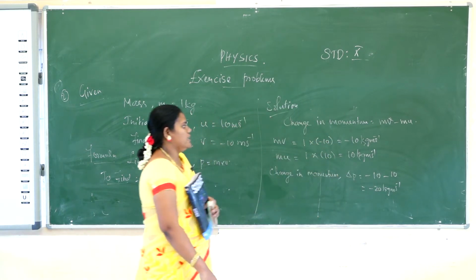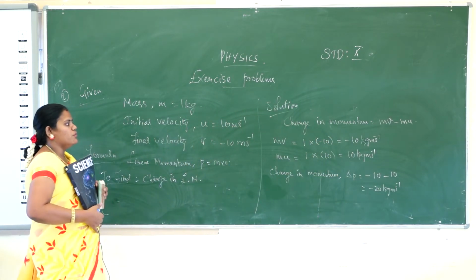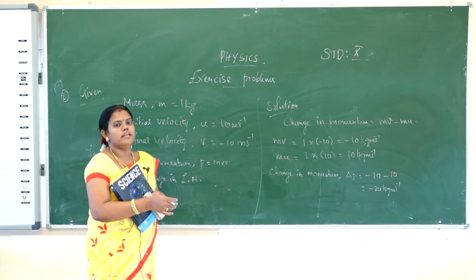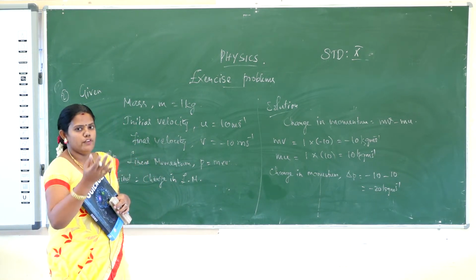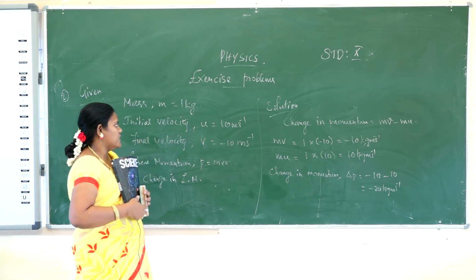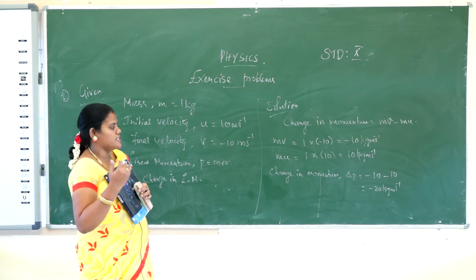So it is a very easy problem. The body has some velocity, and after colliding with the floor it moves with a different velocity, opposite to the first one. The initial velocity is 10 and the final velocity is minus 10.